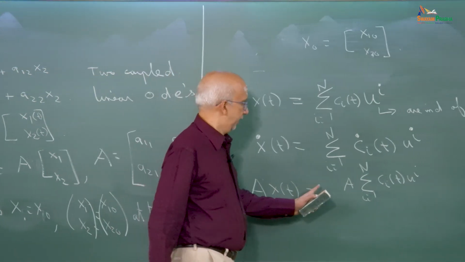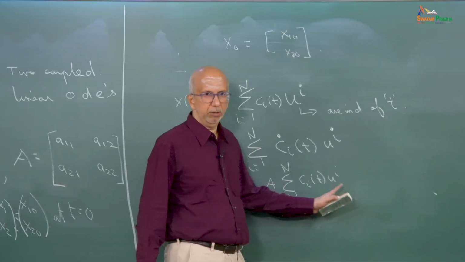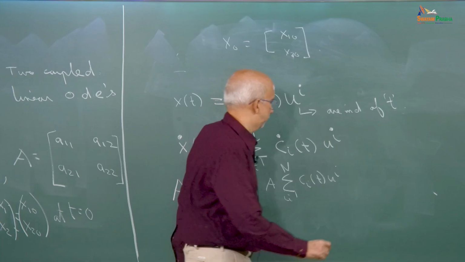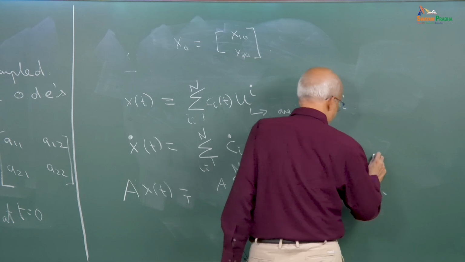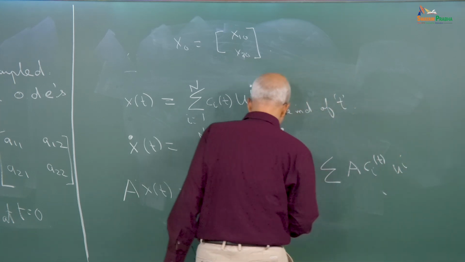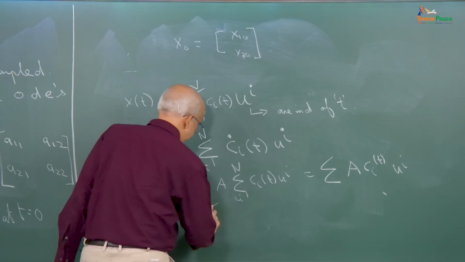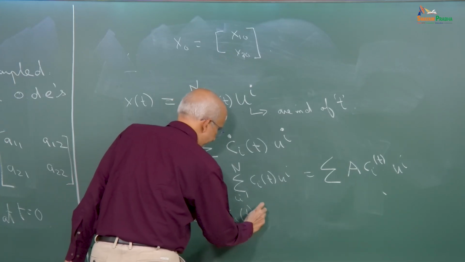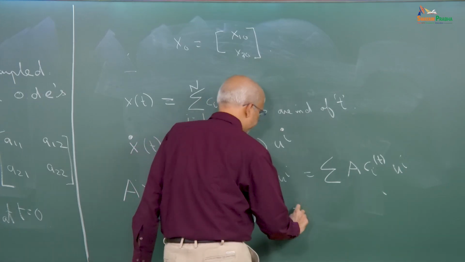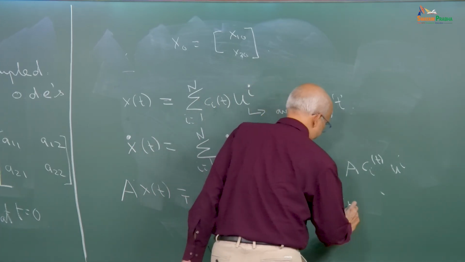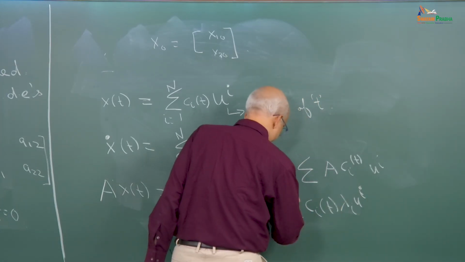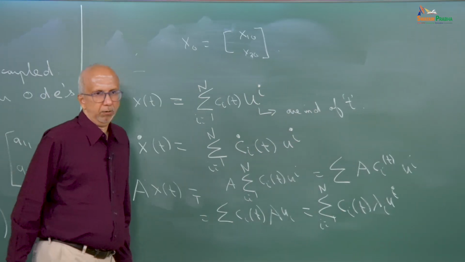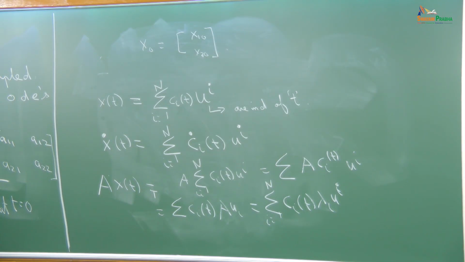I can write this as sigma Ci A ui, which is equal to sigma Ci of t A ui. Same thing we did earlier.